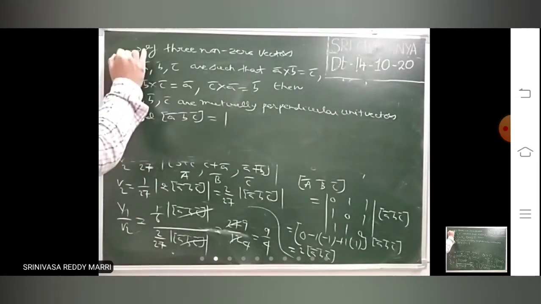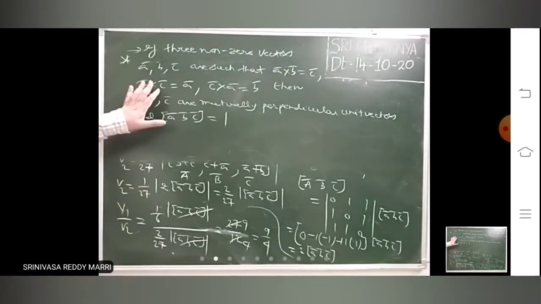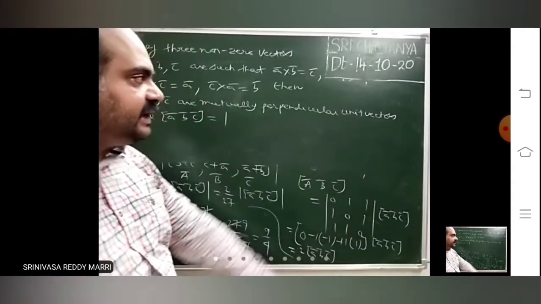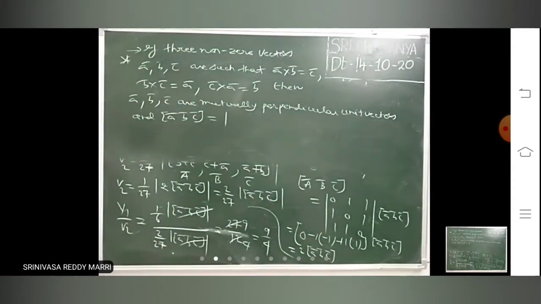Okay. Remember this one. If they are satisfying these three conditions, then angle between each pair is 90 degree and they are unit vectors. Modulus A bar equal to 1, modulus B bar equal to 1 and modulus C bar equal to 1. Whenever this is given, take 90, 90, 90, angle between each pair and unit vectors, and box ABC is 1.